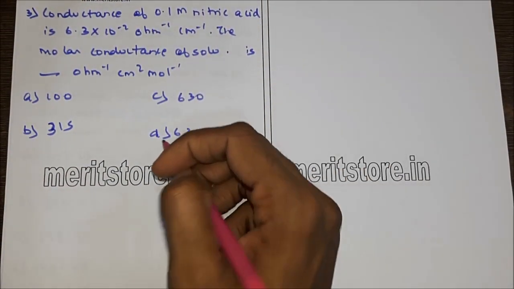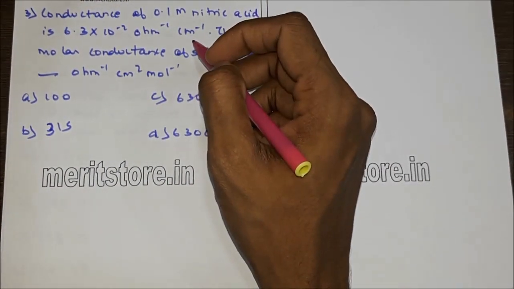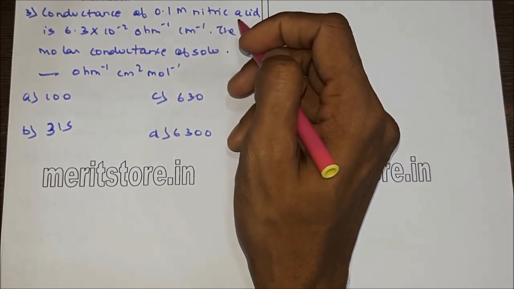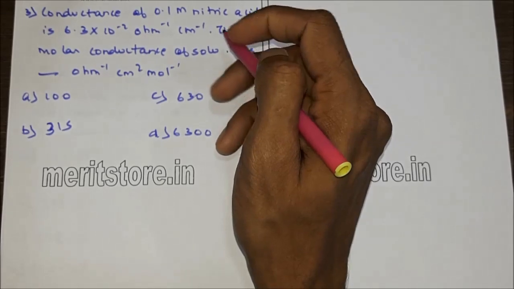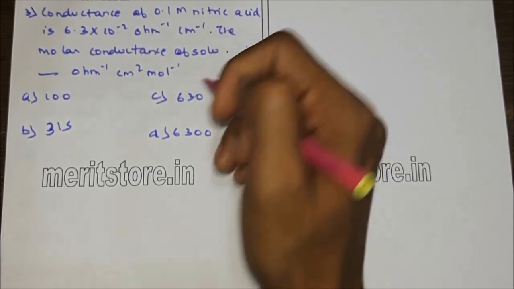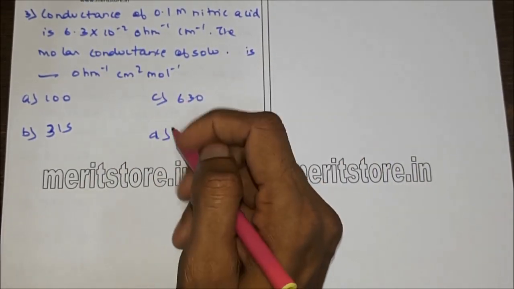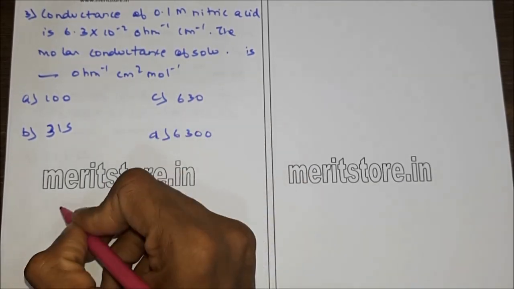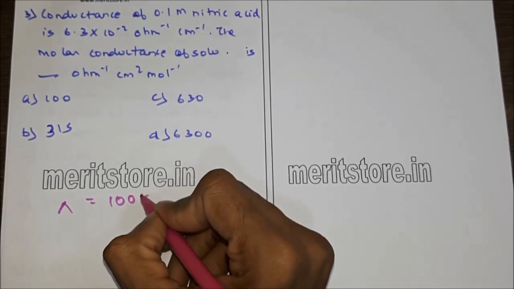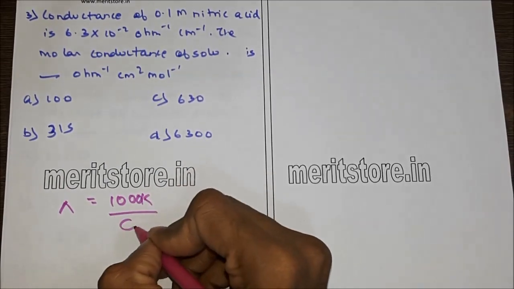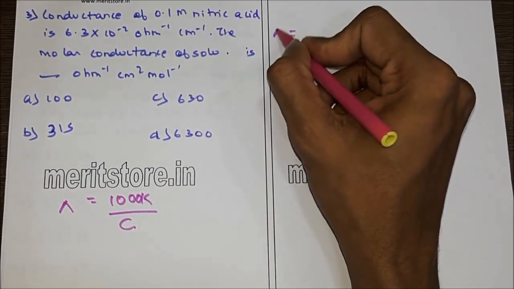Question 3. Conductance of 0.1 normal nitric acid is 6.3 into 10 raised to minus 2 per ohm per centimeter. The molar conductance of the solution is, we're given four options. The molar conductance is given as 1000 K upon C. Therefore, we substitute the values.